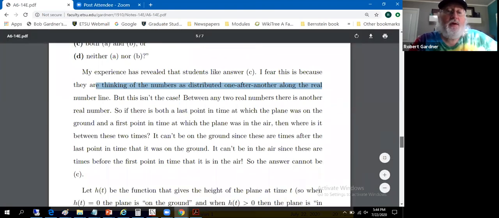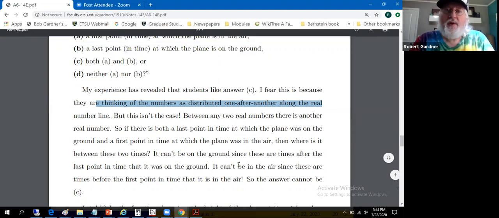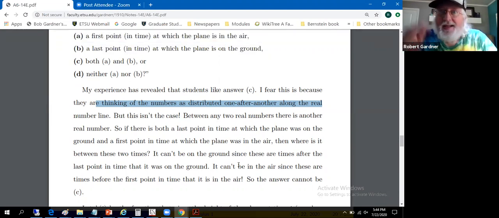Halfway between that last point in time that it was on the ground and that first point in time that it was in the air. It couldn't have been on the ground because it had already left the ground. It couldn't have been in the air because it hadn't gotten into the air yet. The answer can't be both. But that, and I belabored the point because that's a popular choice among Calculus 1 students. That's kind of a popular choice among graduate students.